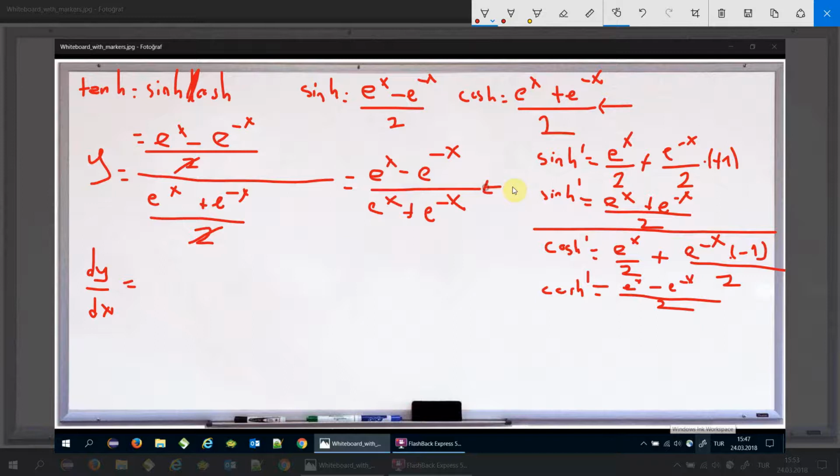I need to find the derivative of this term: derivative of sinh times cosh minus derivative of cosh times sinh, over cosh squared.